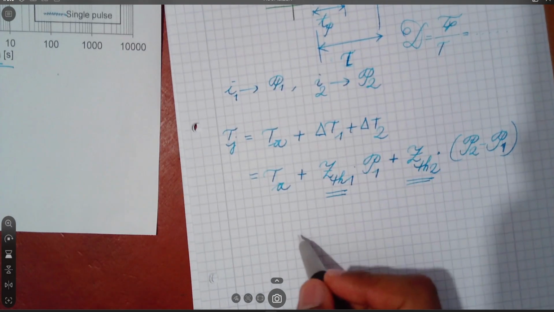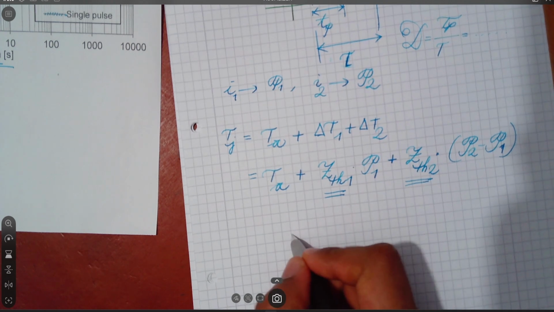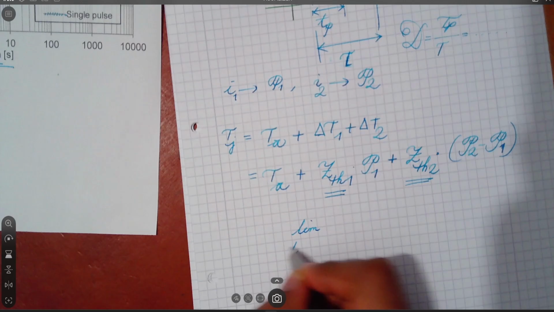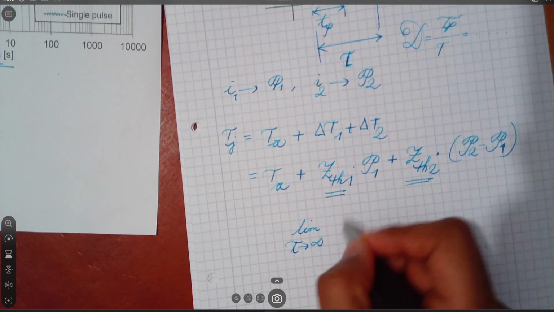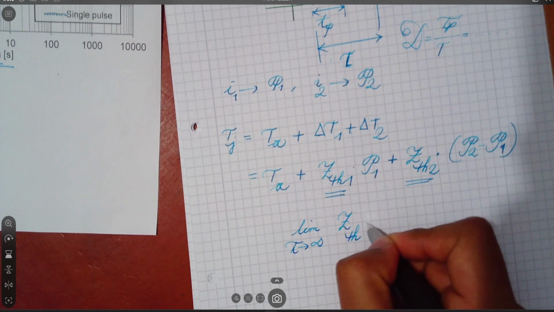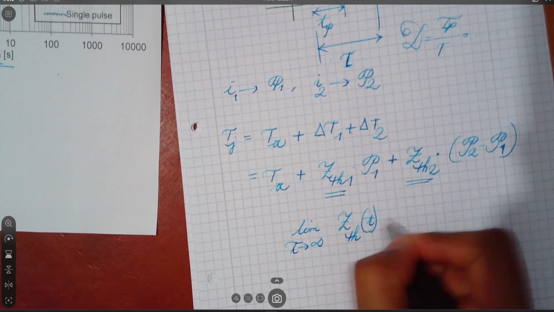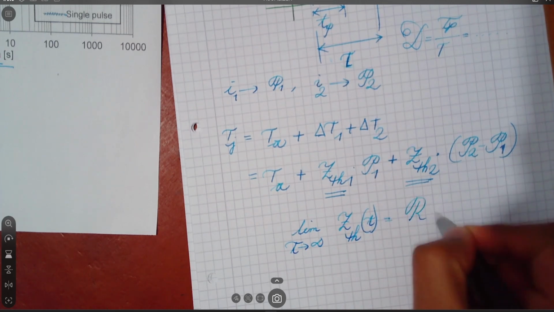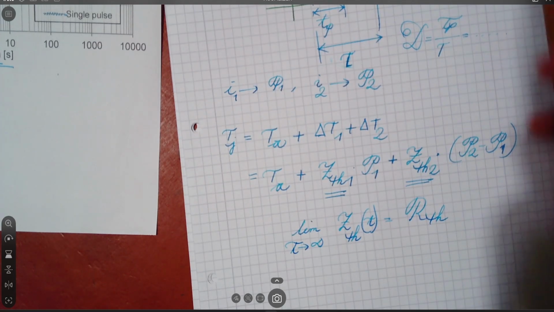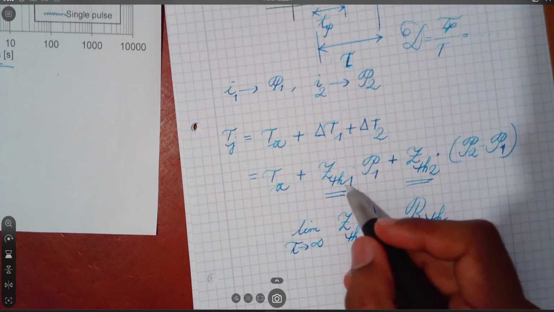We can also write it this way for steady state: you know that it's a limit, time tending to infinity, ZTH of t is equal to RTH. So for the steady state part, we need to consider the RTH.